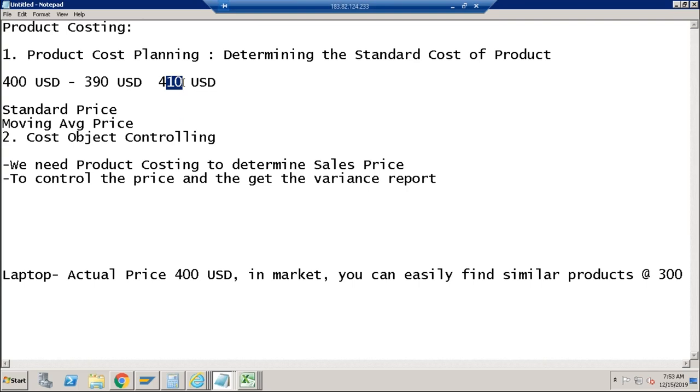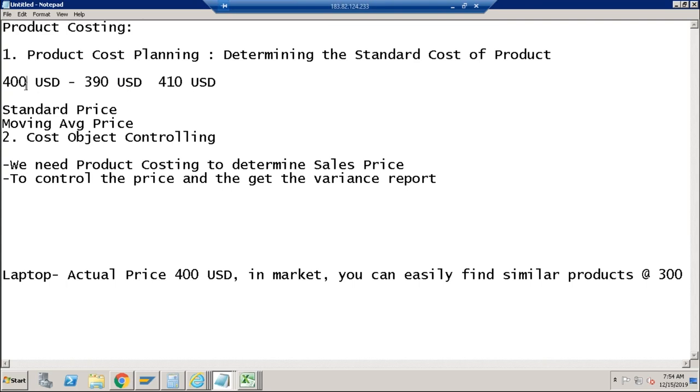So the first thing is to determine the price. The second thing is, once you determine the price, you need to evaluate your materials at the standard price. And once you start evaluating your material at the standard price, then you will be able to know the variance. So the second point that we have written is to control the price and get the variance report. Why do we need this cost?